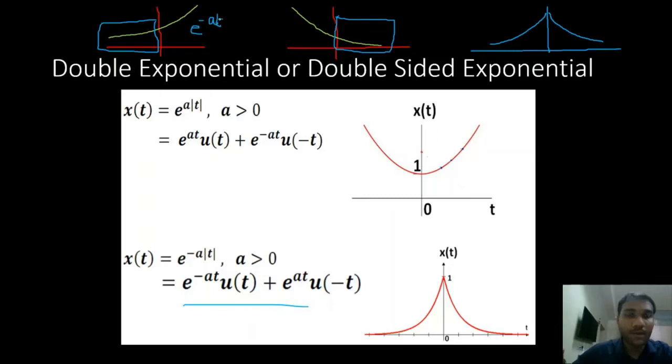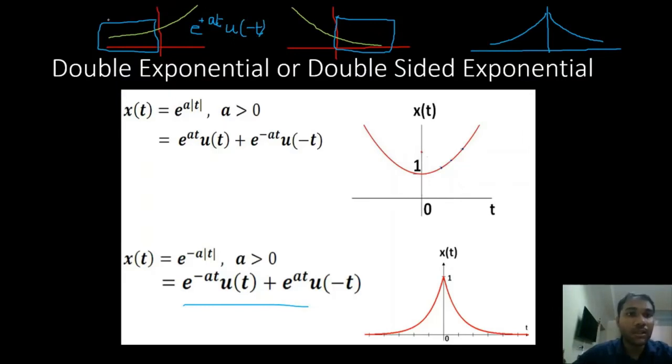Sorry, rising exponential is e power plus at. And we only want the left half. We do not want the values of t greater than or equal to 0. That means we should multiply it with u of minus t, right? If you multiply with u of t, you get only the right half.